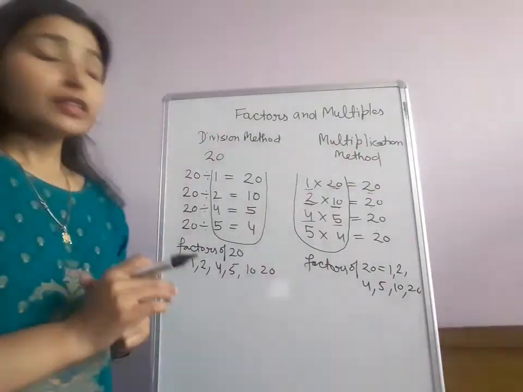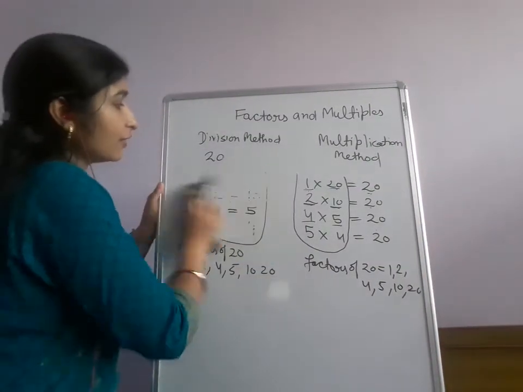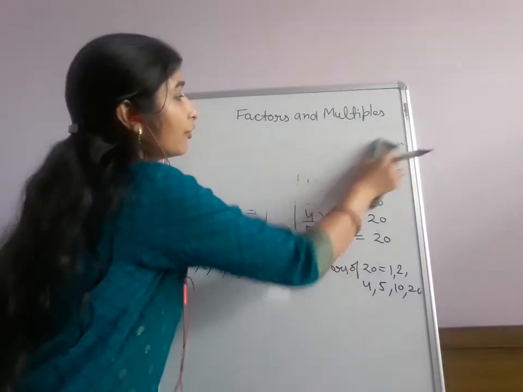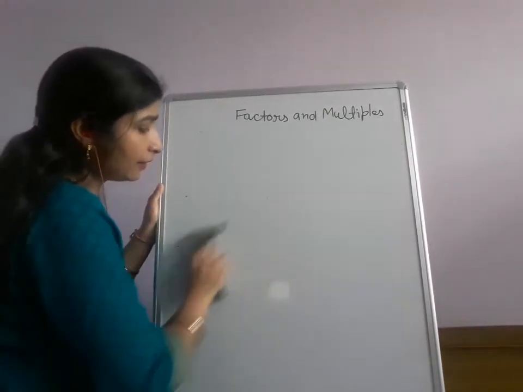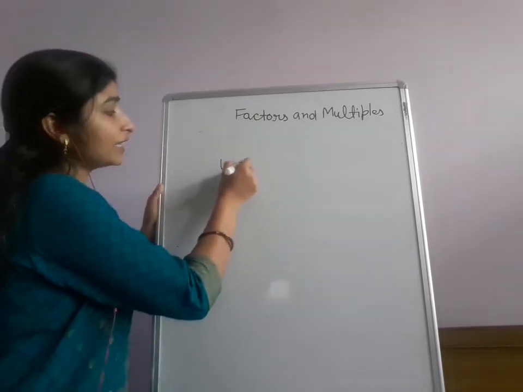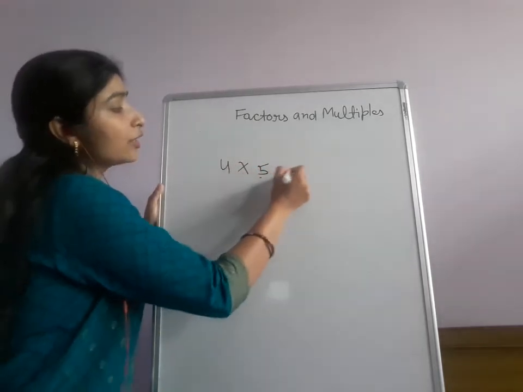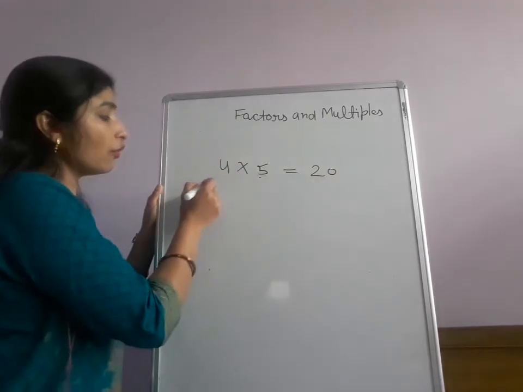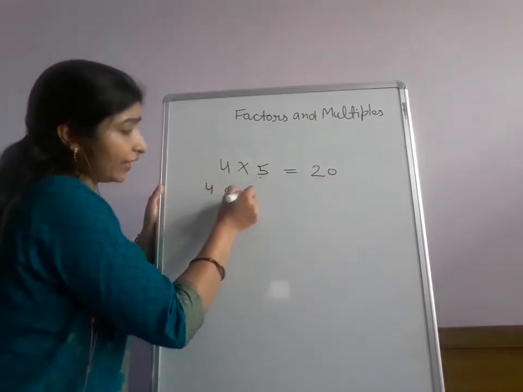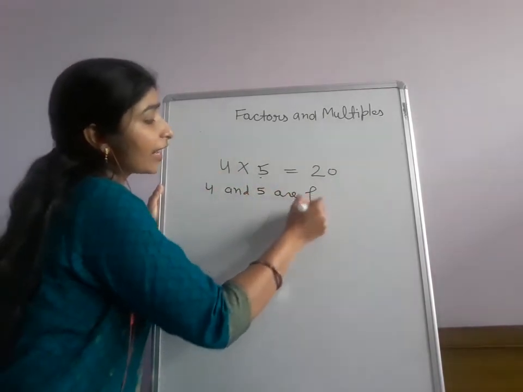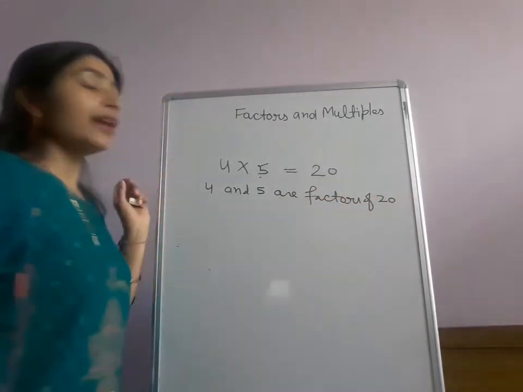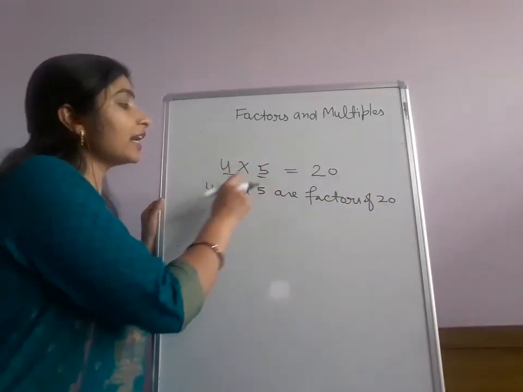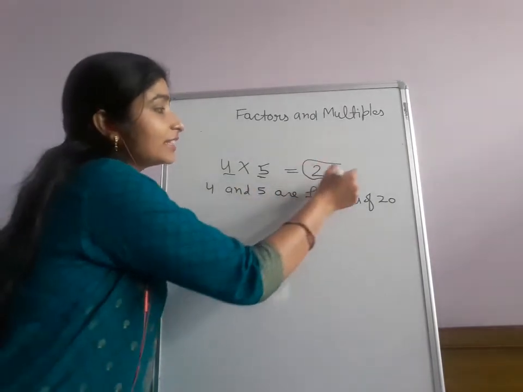Okay. So from this we will get one more thing, कि when you multiply any two number, 20 is coming. So 4 and 5 are factors of 20. Okay, so these are the factors and this is the product.